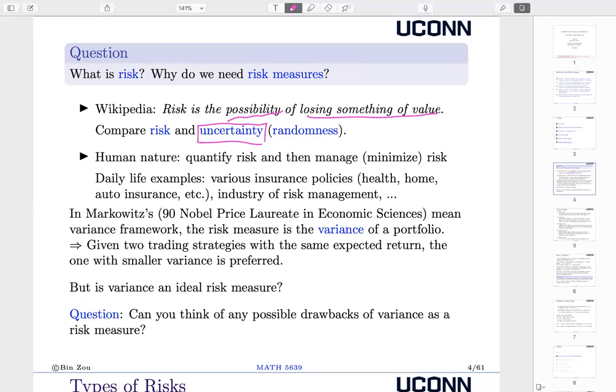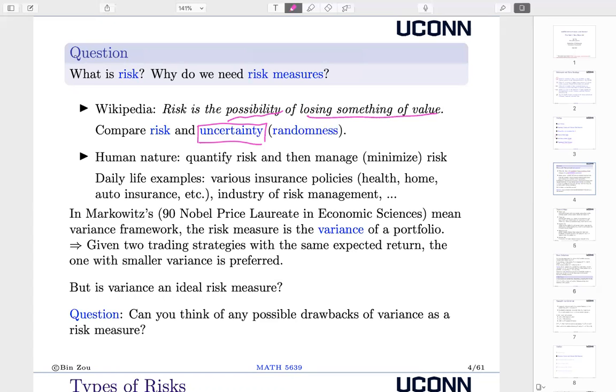In some languages, uncertainty does not necessarily mean a bad thing. It just means we are not sure which one will happen. Let's say we talk about weather. The temperature may be between 50 degrees and 60 degrees. It's uncertain in the sense that at this moment we don't know the temperature at, let's say, 9 a.m. tomorrow.